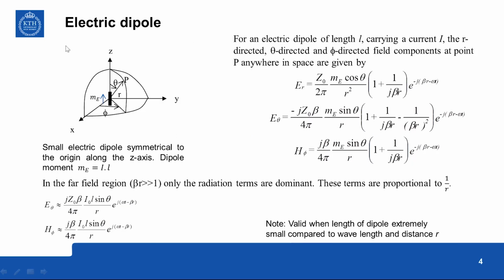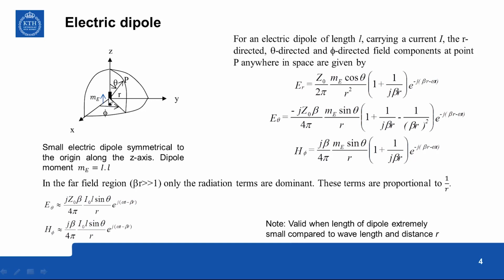Now first consider the electric dipole. So this is represented by a small piece like this, which has a dipole moment.